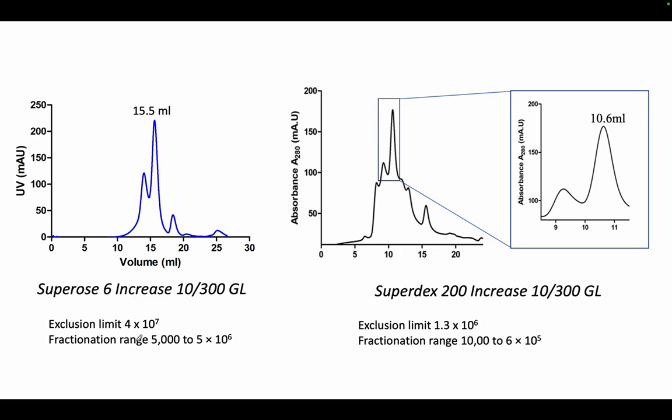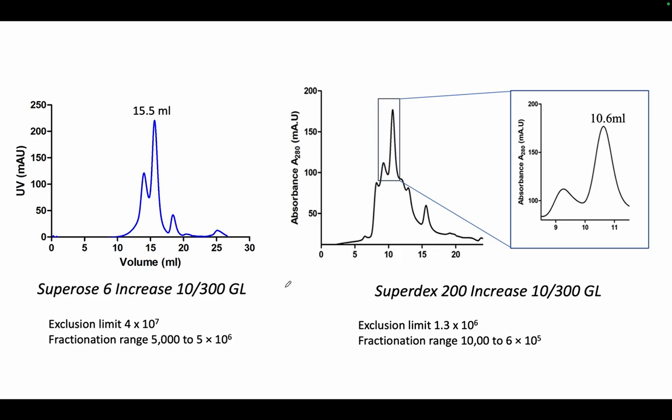And here you can see that the fractionation range goes up to like 5 into 10 raised to 6, which is 5000 kDa. And here I've run the same protein in another column called Superdex 200, which has a smaller fractionation range, up to about 600 kilodalton.